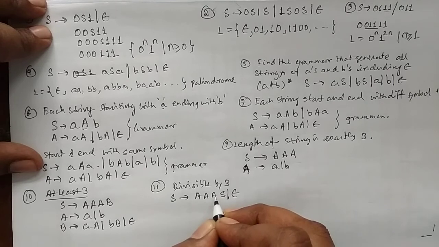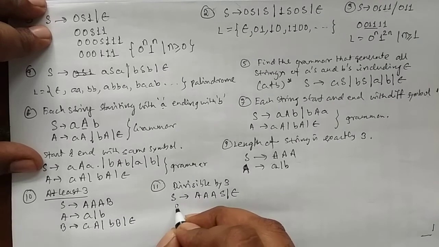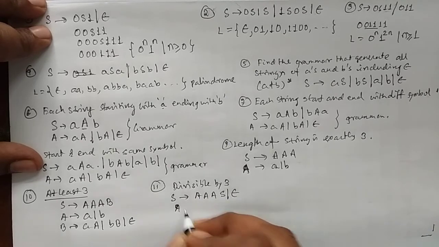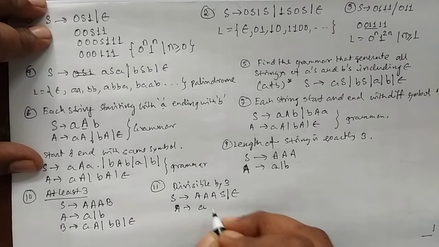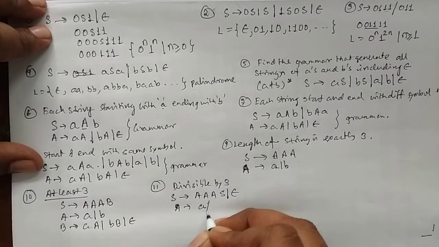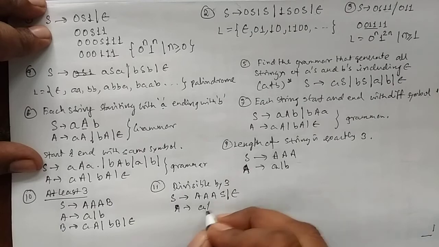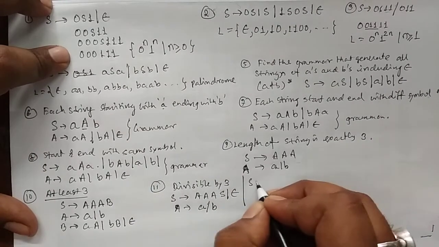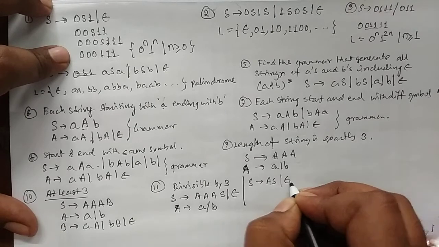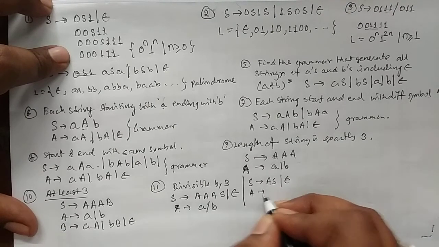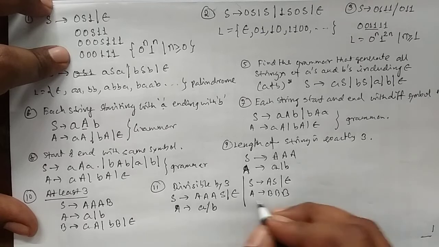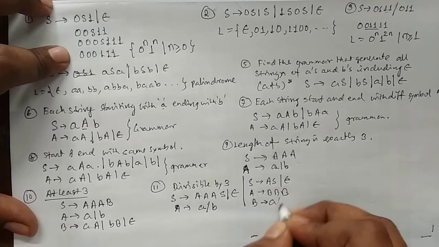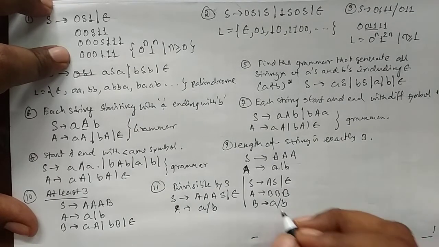The length of AAA is 3, where you can say that A is either a or b. Similarly, another solution of this problem is this way: S to AS or epsilon, A to BBB, and B to a or b.